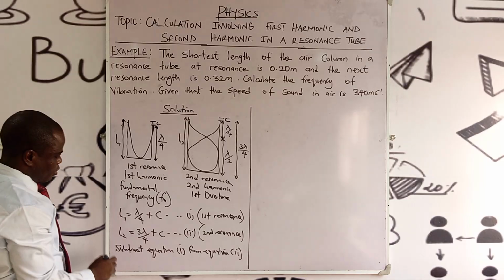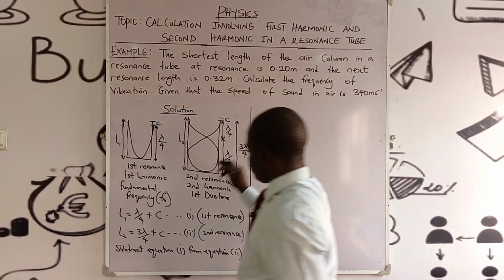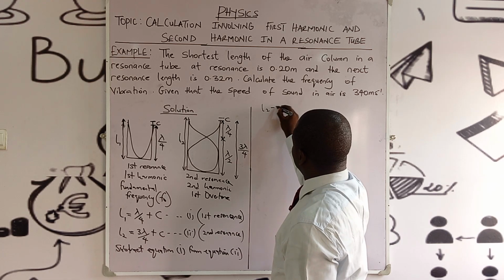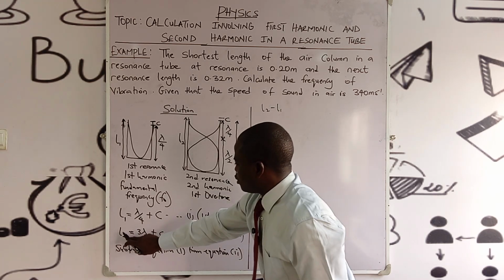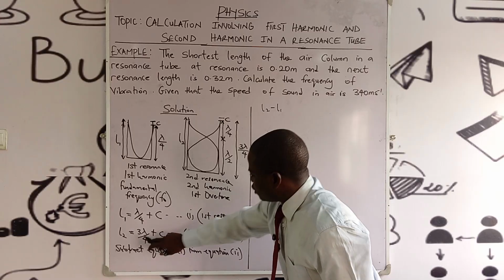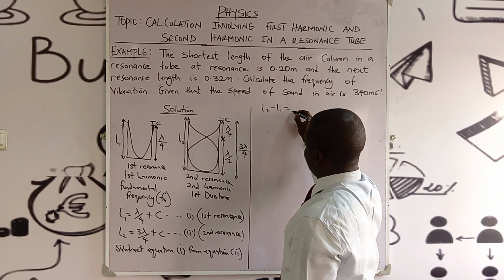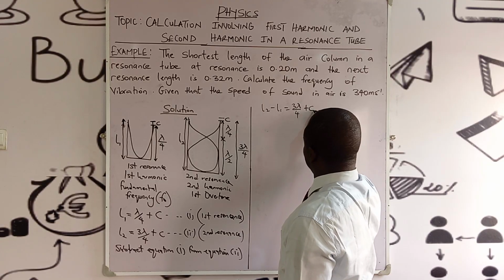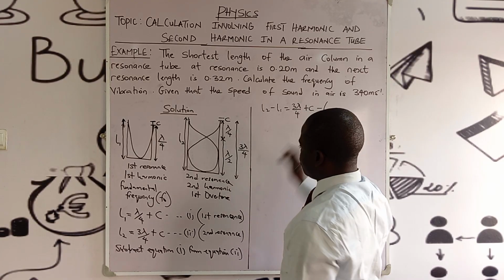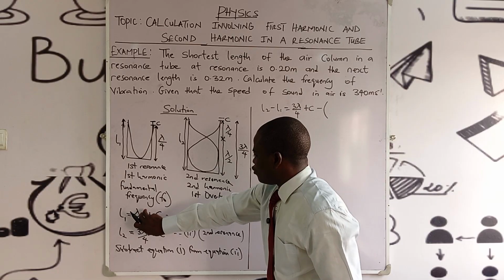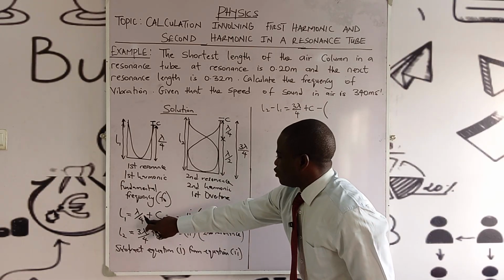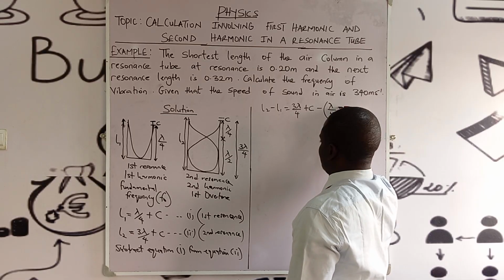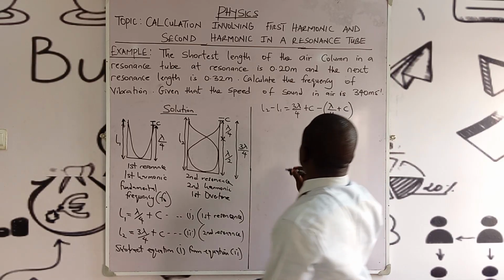When you do that, you say L2 minus L1, write this one first, equals 3 lambda over 4 plus C minus, open your bracket to involve the whole of lambda over 4 plus C, close your bracket.